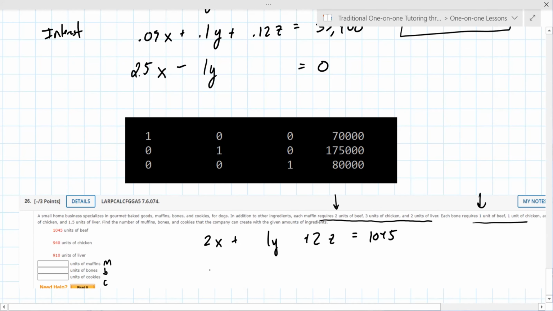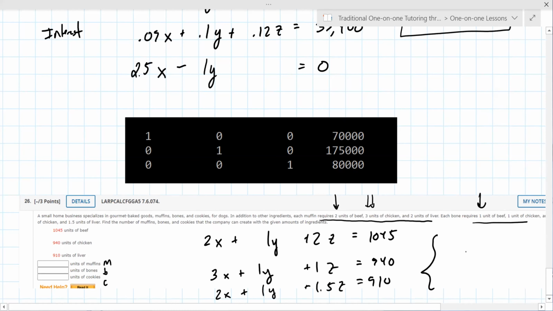Okay, and then the second one here is 3x plus 1y plus 1z equals 940, and that comes from the second number in each one of them. And then the third one is 2x plus 1y plus 1.5z equals 910, and that produces the following. It produces 165, 175, and 270 as solutions.